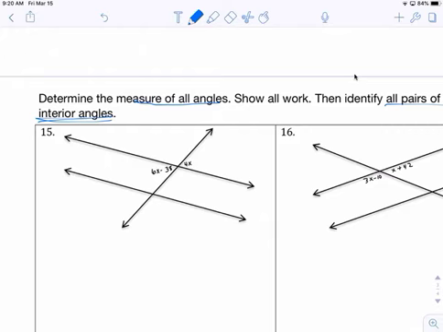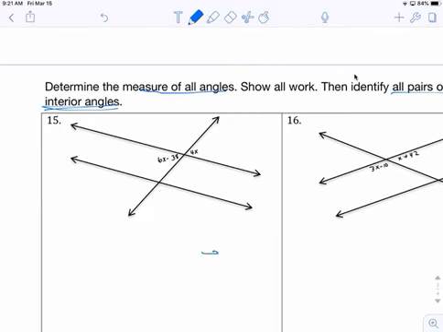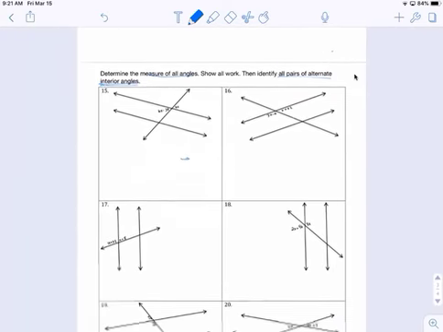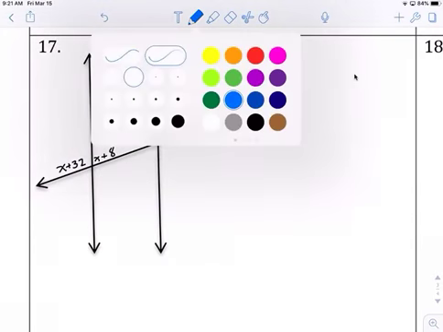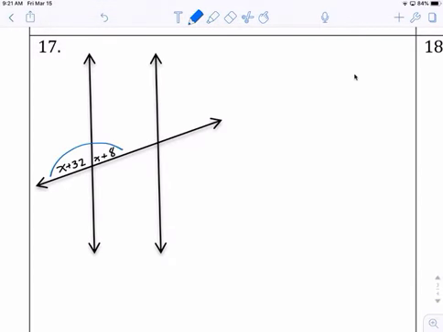Okay, determine the measurement of all angles. Alrighty, and let's see, we did 17. We solved it. We set it up because it's 180 degrees. We put x plus 32 plus x plus 8 equals 180, right? Solve that.